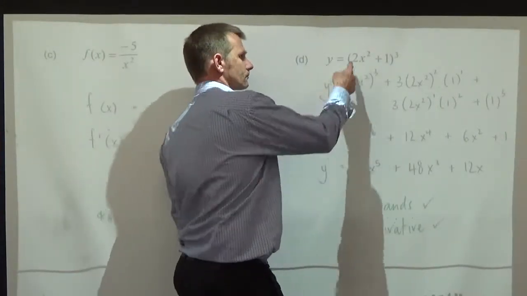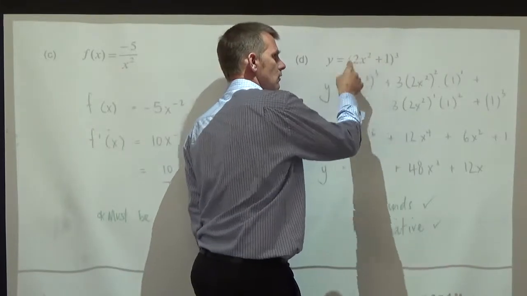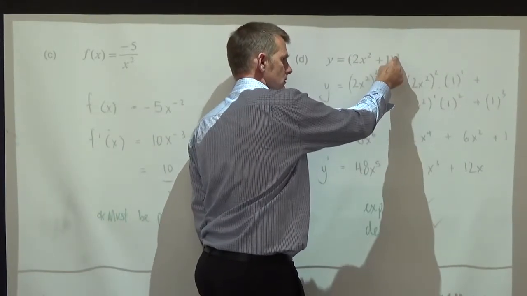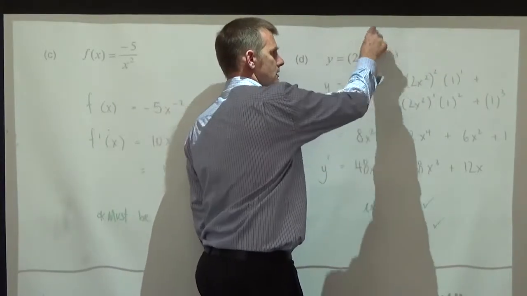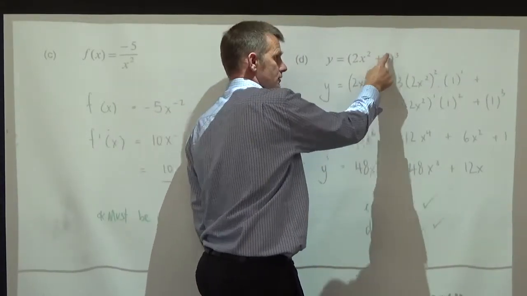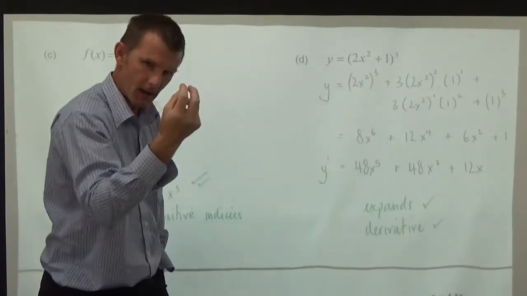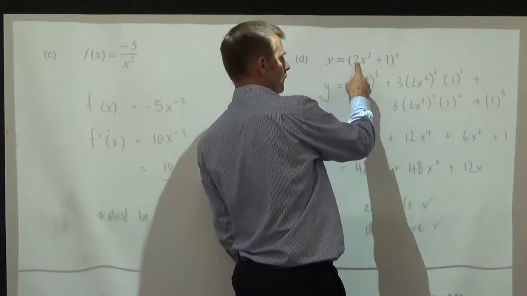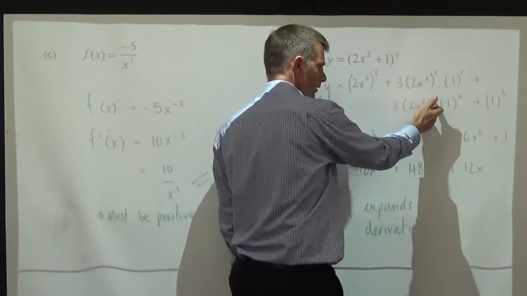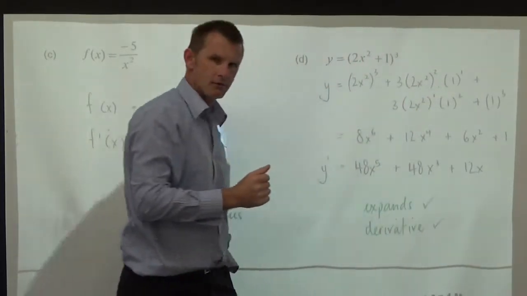What have I done? It's the first thing raised to the power of 3, and then it's 3 lots of the first one raised to the power of 2, the second one raised to the power of 1. See how those powers add to 3? Then it's 3 lots of the first one raised to a power of 1, the second one raised to the power of 2.